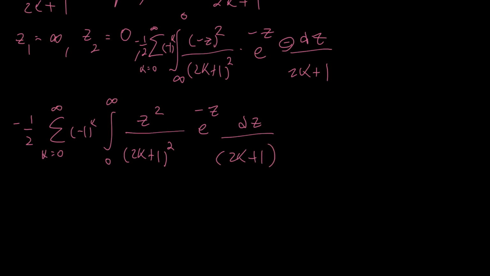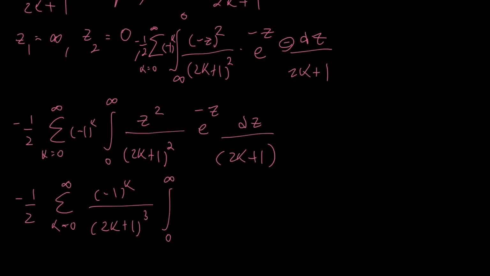And then we're going to have negative a half sum from 0 to infinity, negative 1 to the k divided by 2k plus 1 quantity cubed, and then the integral from 0 to infinity of z squared times e to the minus z dz.